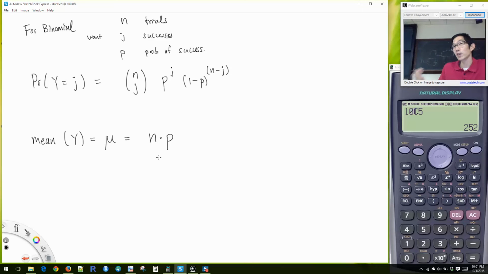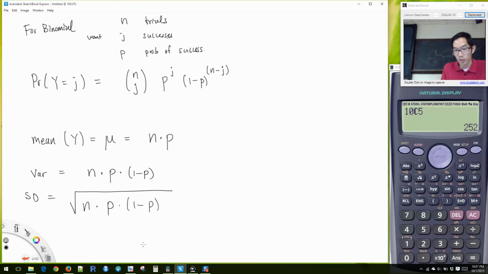Of course, anytime you flip a coin 10 times, you're not necessarily going to get 5. You might get 6, you might get 4, or some other number. But in the long run, we would expect 5, and so that would be the mean. And then the variance is going to be n times p times 1 minus p, and the standard deviation would then be the square root of n times p times 1 minus p.